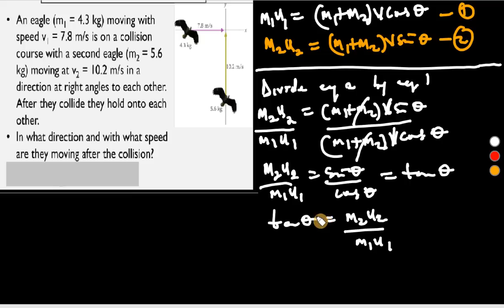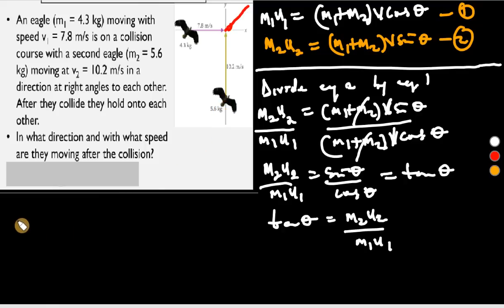So you now see that from this we can easily find the angle and the direction. Let's find the angle from the horizontal, the angle from this horizontal that the two eagles moved with.